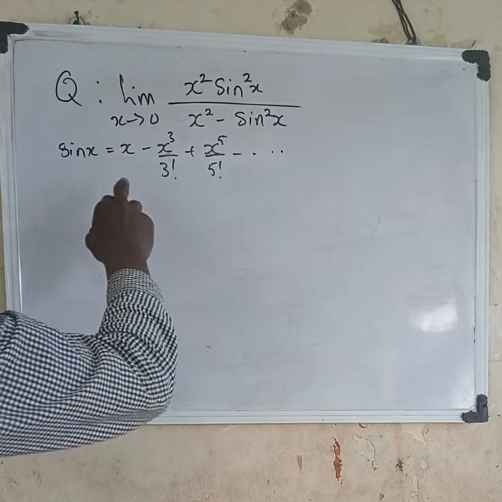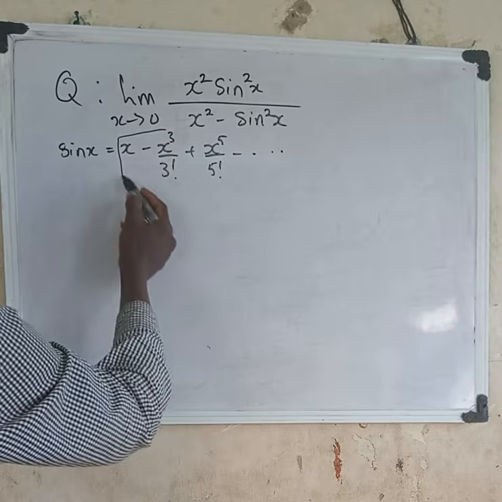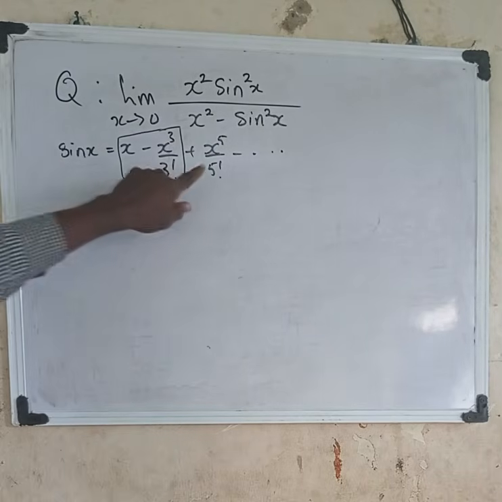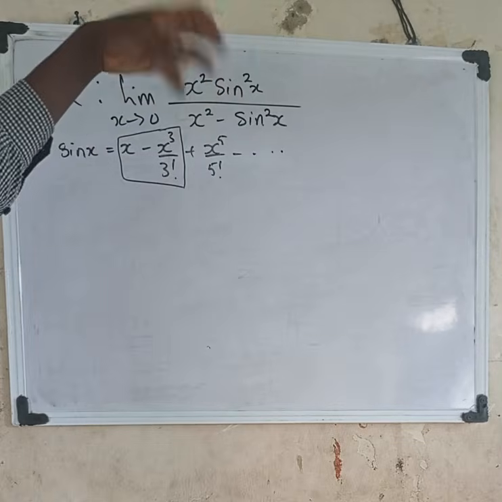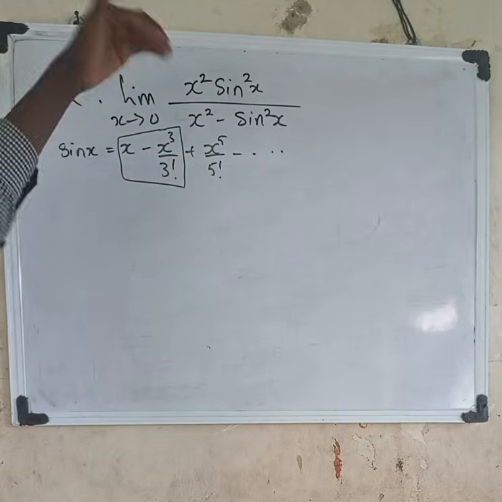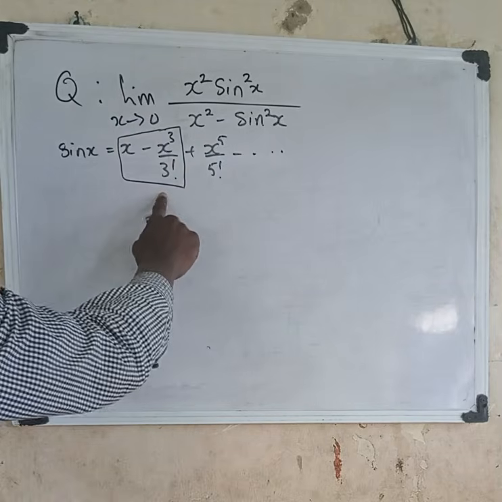So for the approximation of sine x, we usually use the first two terms of the series expansion, because as the power keeps on increasing, their values as x approaches 0 keep getting smaller and smaller, and a very infinitesimal number contributes less to the whole result. So whenever we see sine x, we put this series.